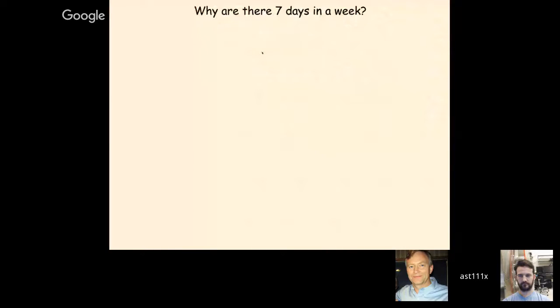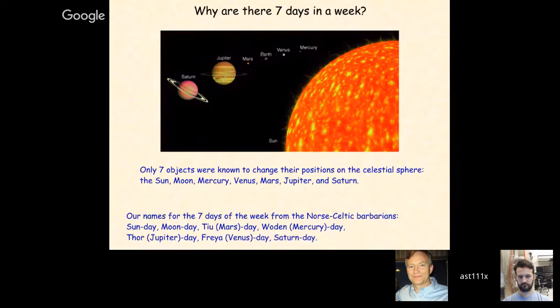So how come there are 7 days in the week? How come there's not 3, 2, 1, 19? Why are there 7? There are 7 days of the week because only 7 objects in the night sky were known to change their position on the celestial sphere: the sun, the moon, Mercury, Venus, Mars, Jupiter, and Saturn. And so our names for the 7 days of the week come from the Norse Celtic barbarians.